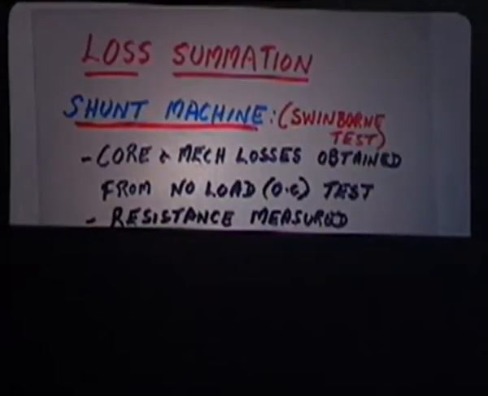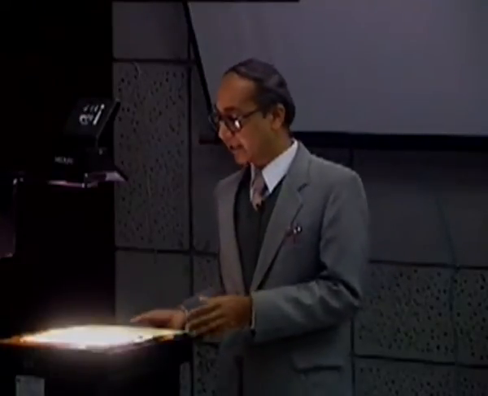That means we take a DC machine and just measure the input power under no load condition, and there is no output. So, whatever input power, if you subtract the resistance losses, then that is what goes for the calculation of friction, windage and core losses, or mechanical and core losses.